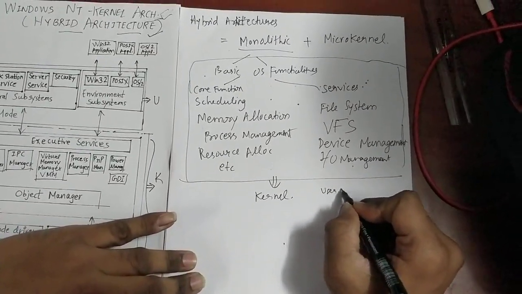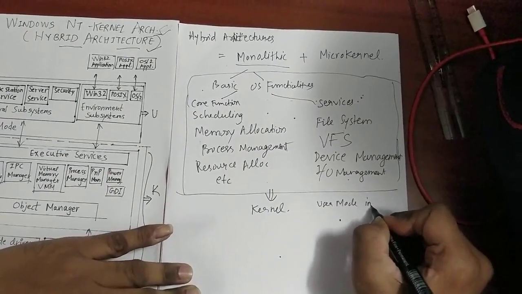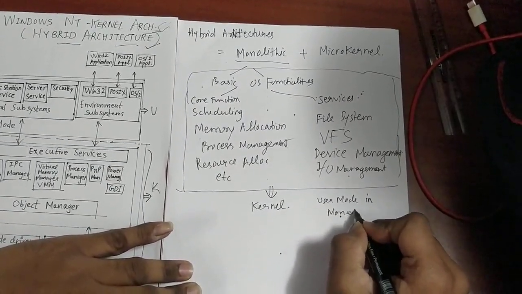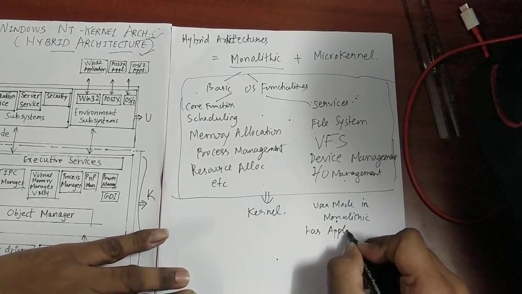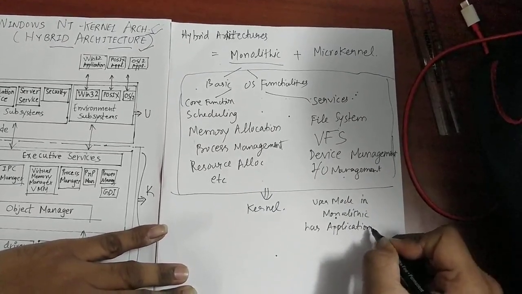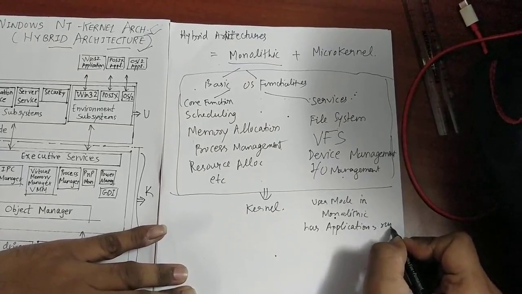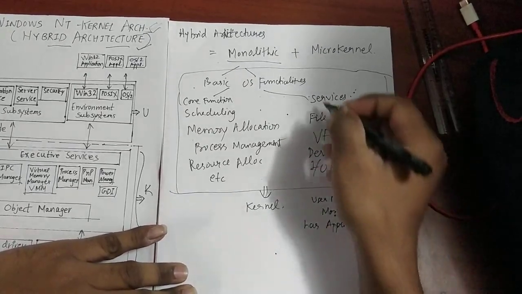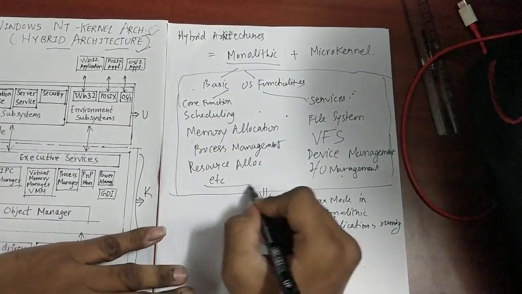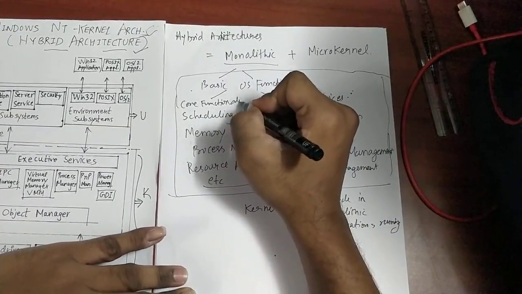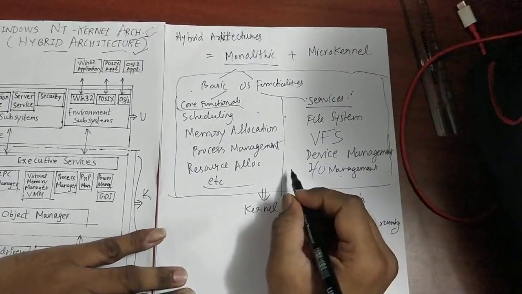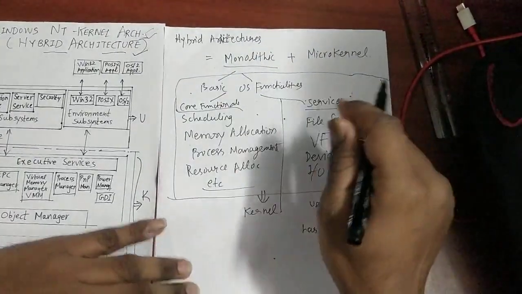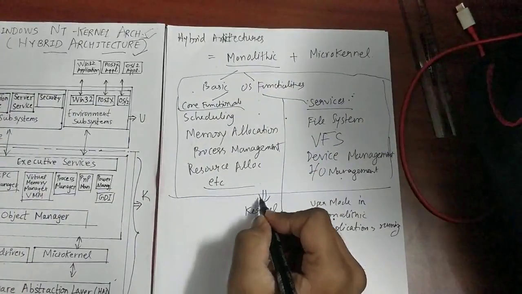User mode in a monolithic kernel has only applications running and nothing else. All these functionalities which we are seeing, these core functionalities and the services, are actually working only in one kernel space.